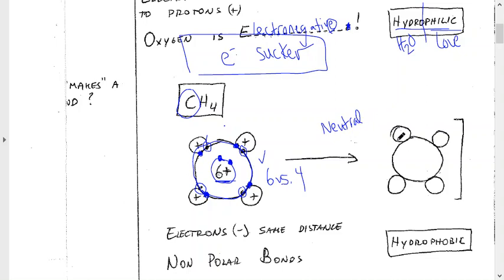The overall charge, yes, is also 0, just like water, but within that molecule there are no areas that are more positive or negative than other areas. So this is called a non-polar molecule.